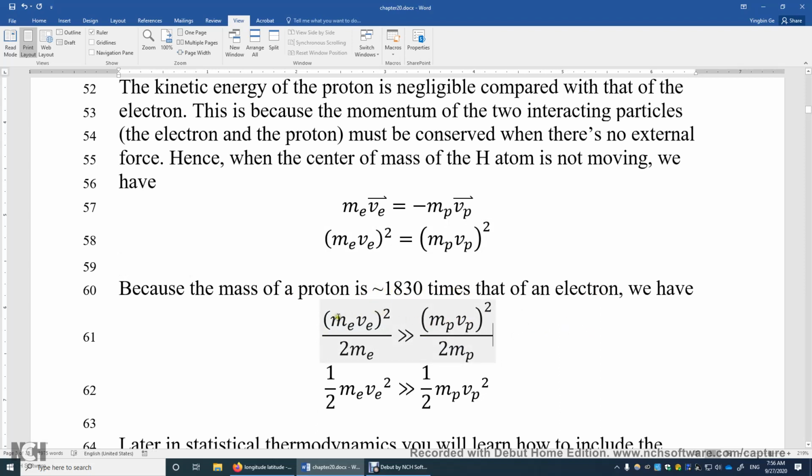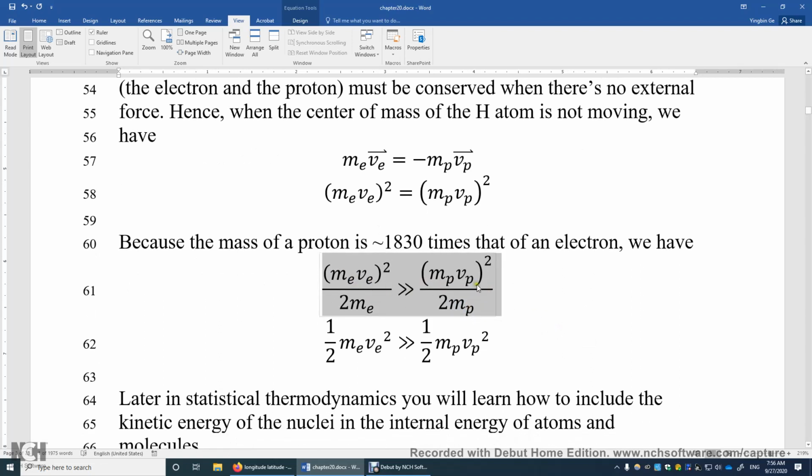The mass of the electron is much smaller than the mass of the proton. That's why we have this inequality. And if that's the case, we can tell immediately the kinetic energy of the electron is much greater than the kinetic energy of the proton by a factor of 1800. So that's a lot.